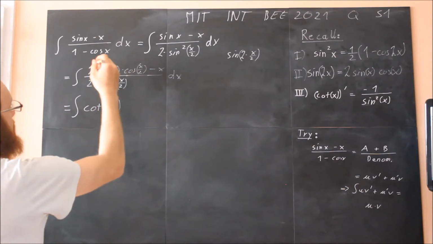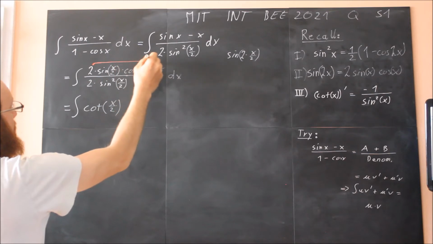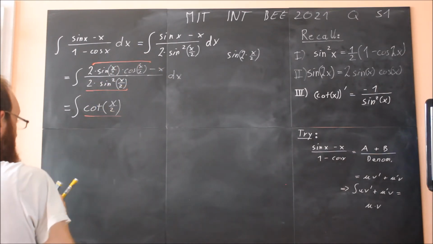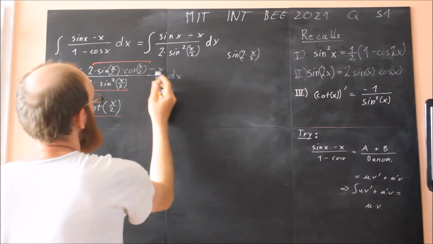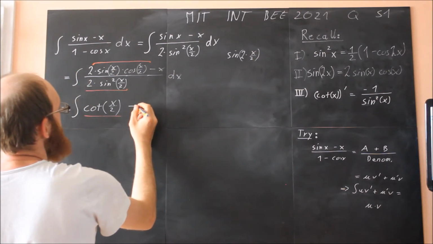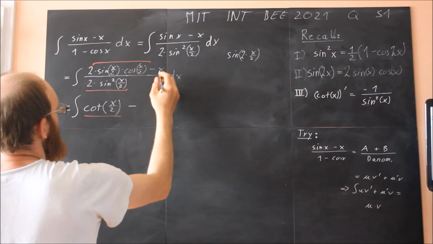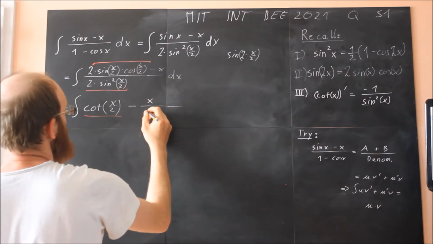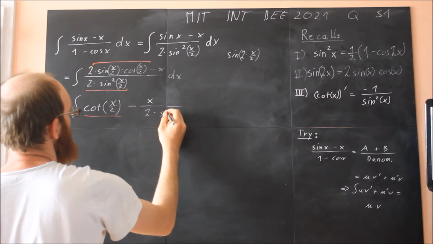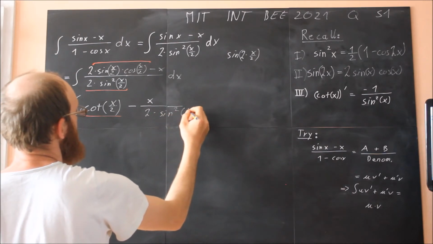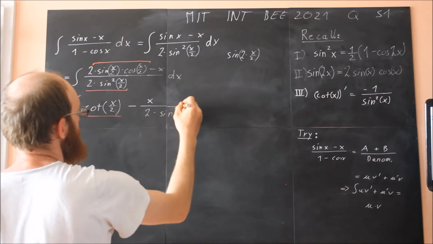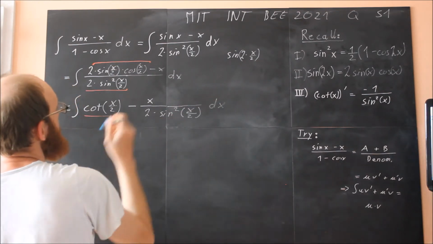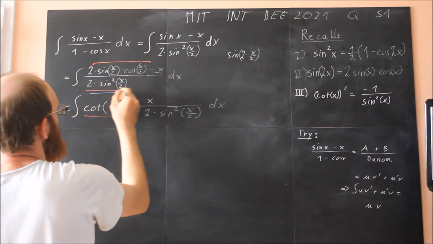This is the red part. And minus x over 2 times sine squared x over 2 is left, and this is from the blue part.